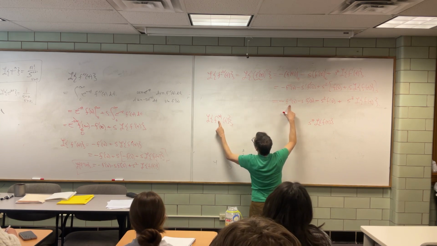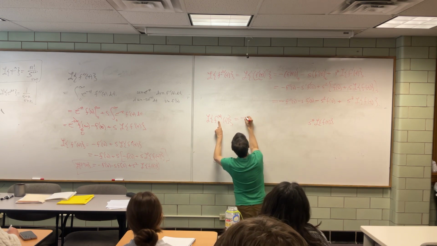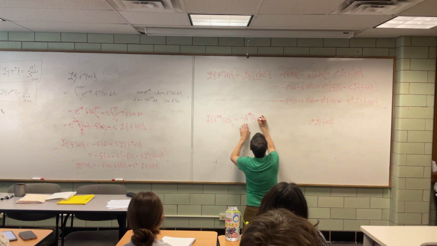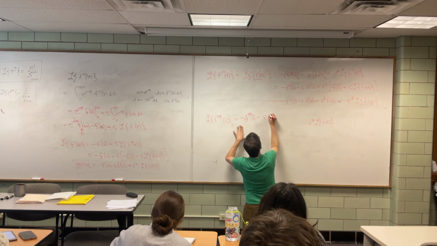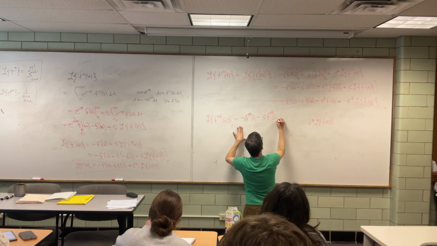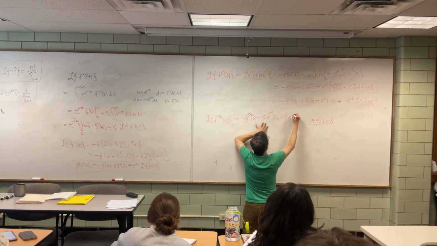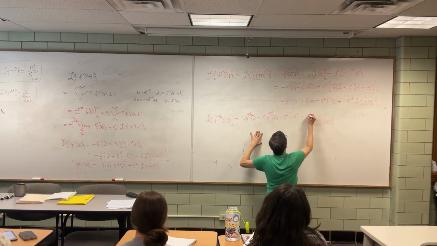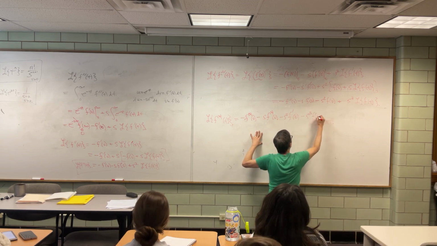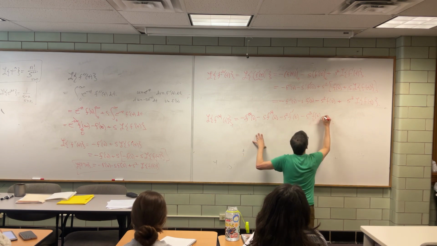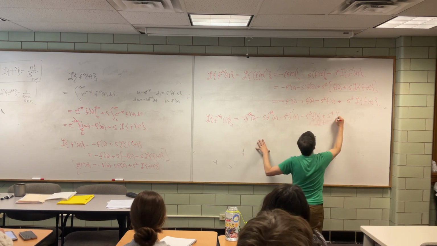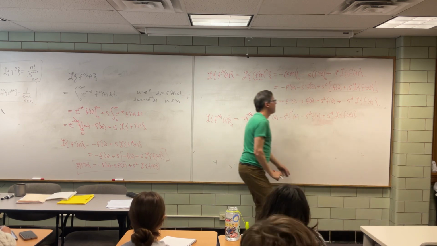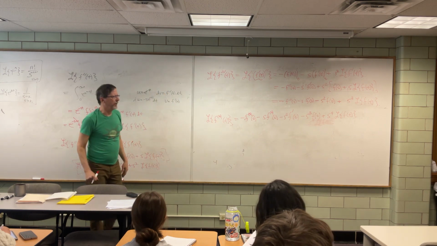So since this is a fourth derivative, the thing out front is going to be the third derivative at 0, and then minus s times the second derivative at 0, minus s squared f prime at 0, minus s cubed f of 0, and then plus s to the fourth times the Laplace transform of f. We don't probably need to go much further than that for a long while.